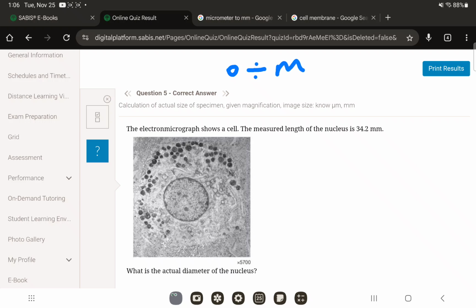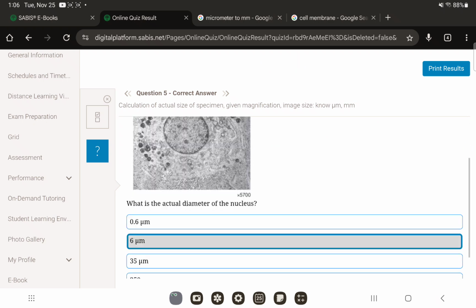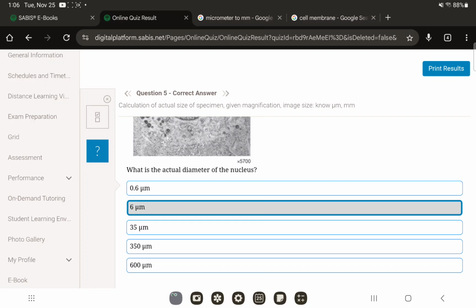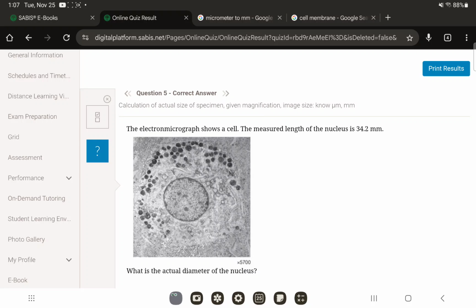So the observed length, the measured length, would be 34.2 divided by the magnification, so 5,700, and they want it in micrometers, so you have to change the millimeters into micrometers before doing the calculations. I'm not sure if you have to, but that's what I do.